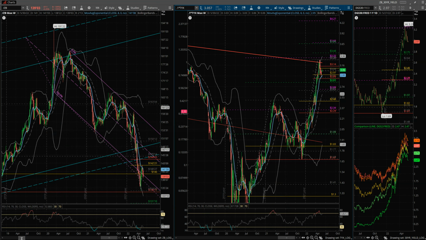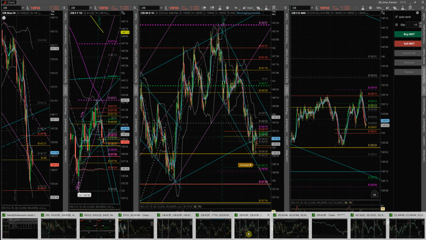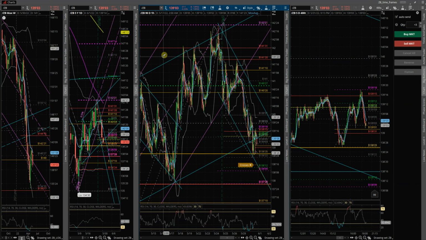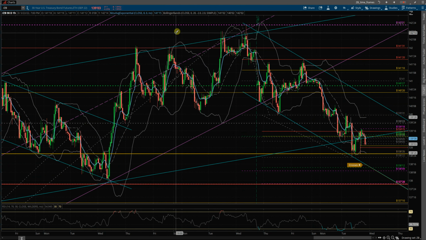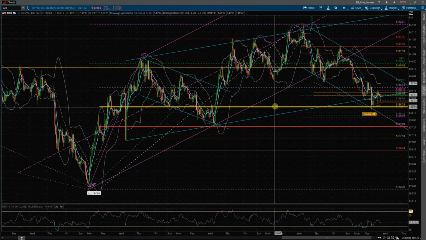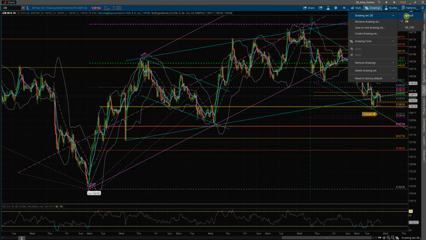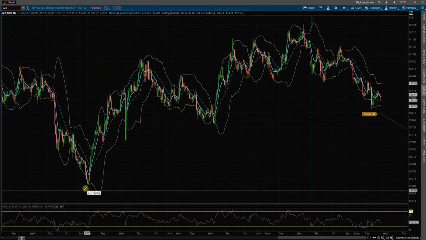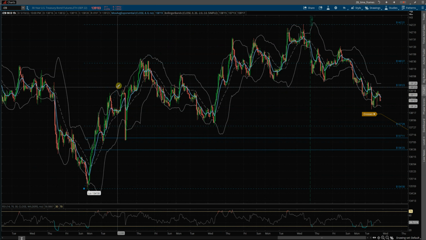Let's just go right to the hour chart. The bullish scenario, well, this is a little busy. The bullish scenario is simply that we were having a series of ones and twos, right?